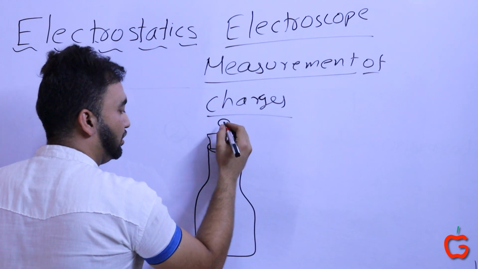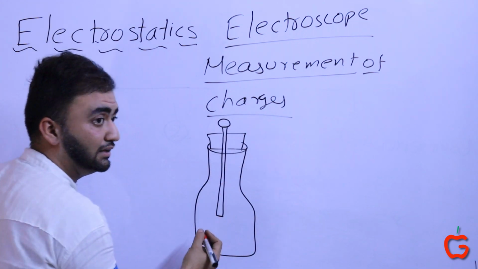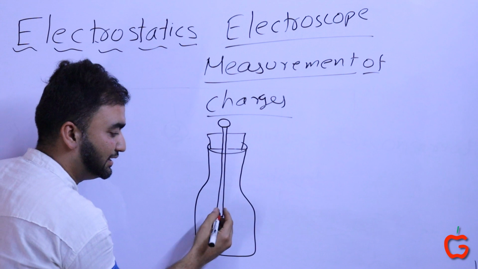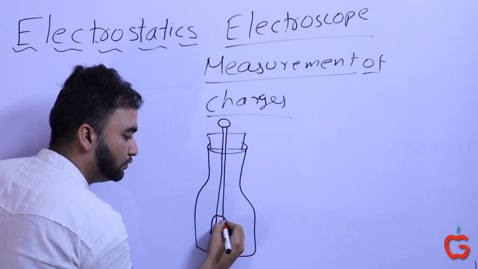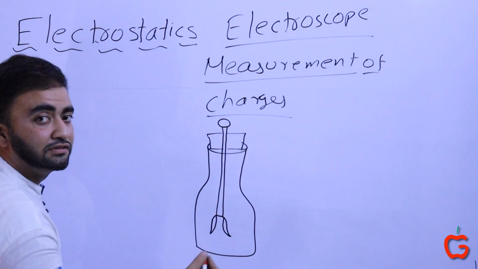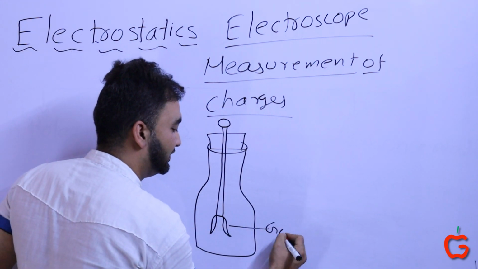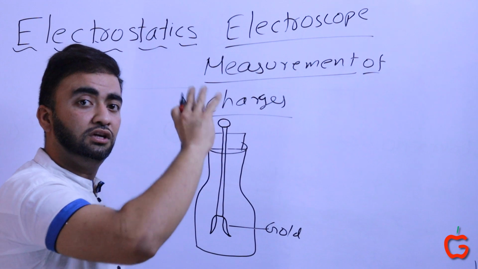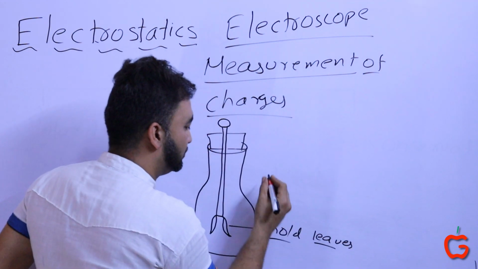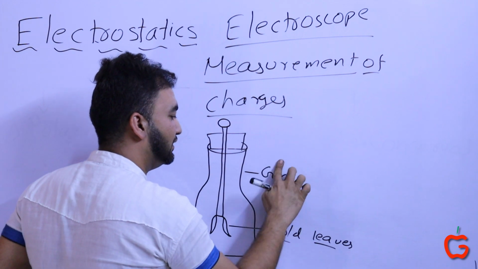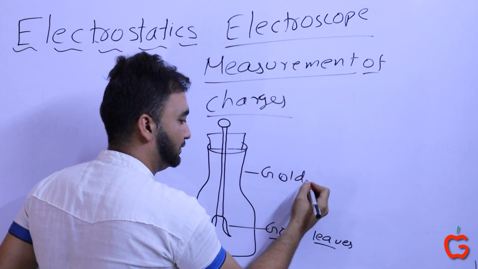The top end of the metal rod has a metal blob, and the bottom end, which is inside the glass, has 2 gold leaves. So essentially, this electroscope dates back to the golden era. This is actually called a gold leaf electroscope.